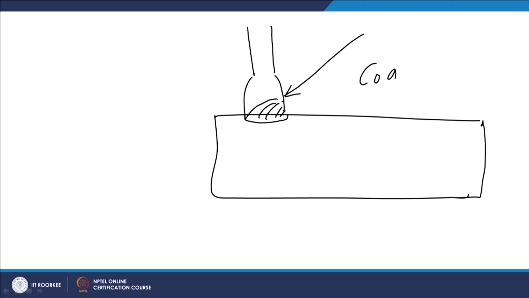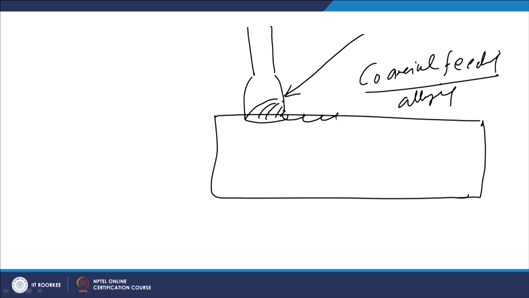There can be coaxial feeding of the alloying elements which are to be introduced at the surface, or they can be fed using suitable powder feeders at the surface, so that the composition of the surface and near surface layers can be modified.